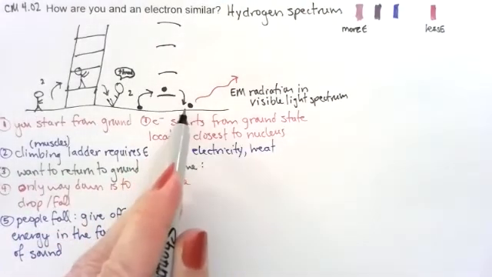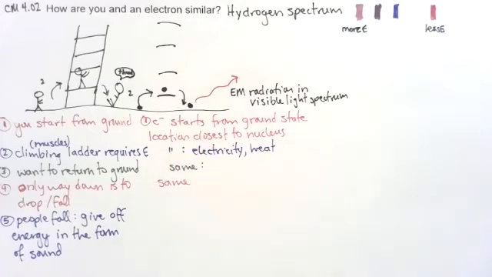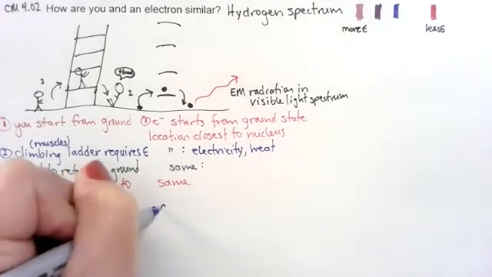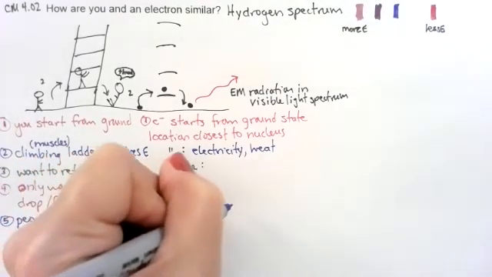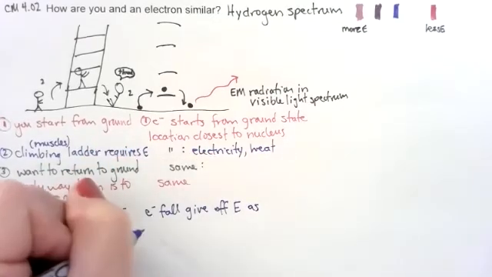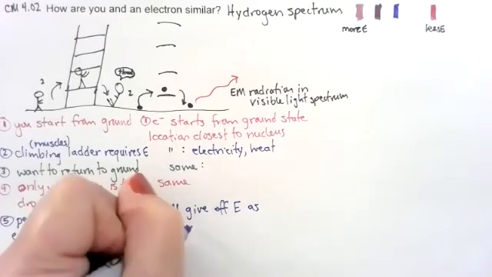So he's falling down one rung, and we're getting a ray of red light. Okay. So when electrons fall, they give off energy as electromagnetic radiation. That's why we had to learn about the electromagnetic spectrum before we could do this lesson.